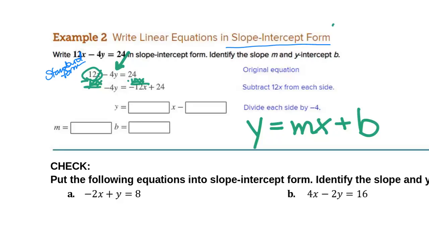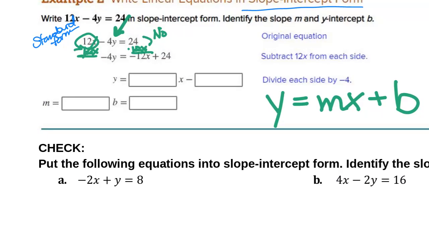12x's cancel out. Negative 4y equals, you cannot combine these. No, you cannot combine. Negative 12x plus 24. But I don't want negative 4y. I just want y. So what would I do next? If I want to get just y, not subtract, divide, because it's being multiplied, right? So divide by negative 4, divide by negative 4, divide by negative 4. Negative 4's cancel out.